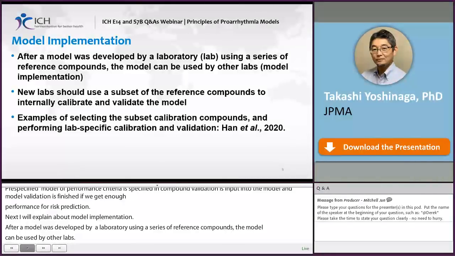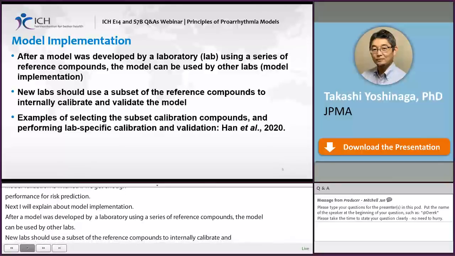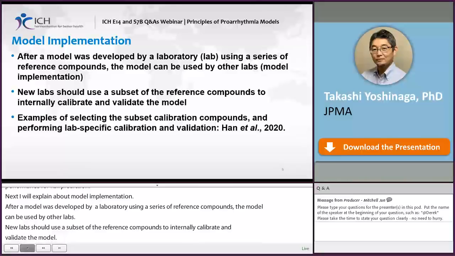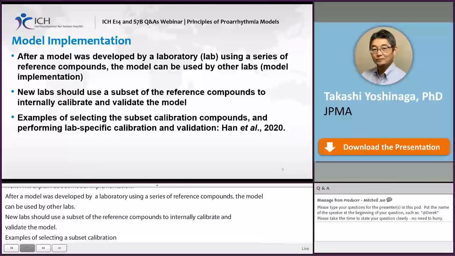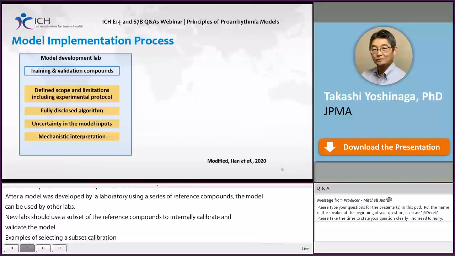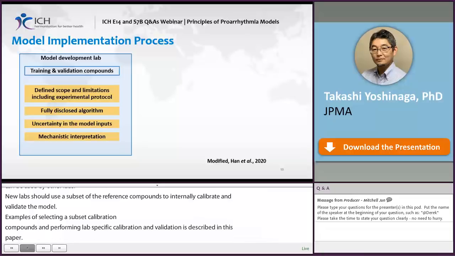Examples of selecting the subset of calibration compounds and performing lab-specific calibration and validation are described in this paper. I will show a diagram of the model implementation process.